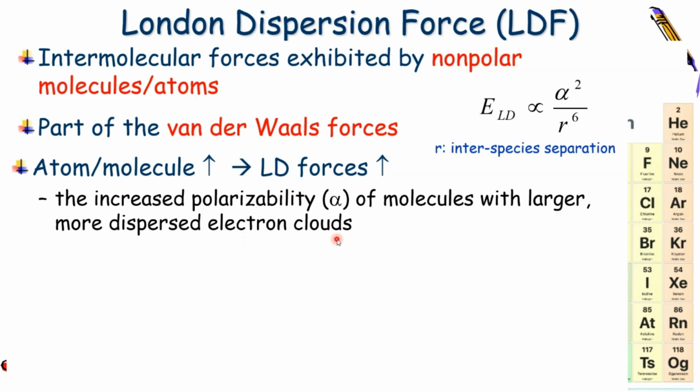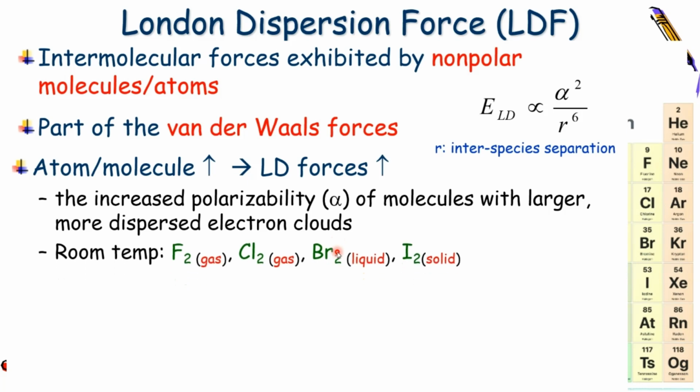Once your molecule or atom is large, the electron in the valence shell is far away from the nucleus, so the electron cannot be controlled very easily. So it is easier to make dipoles, and the force or energy between atoms will be high too.